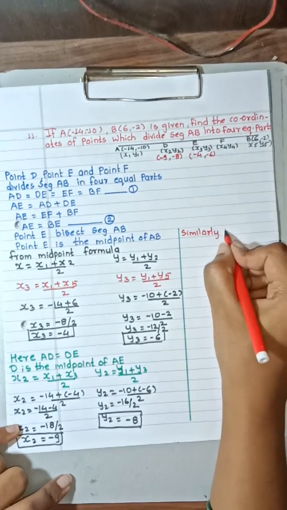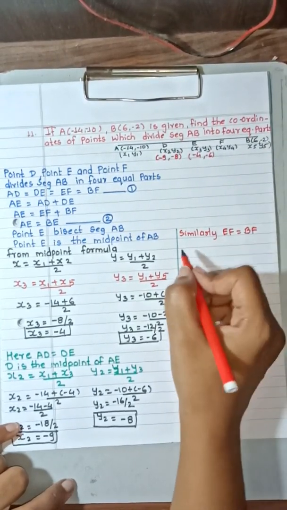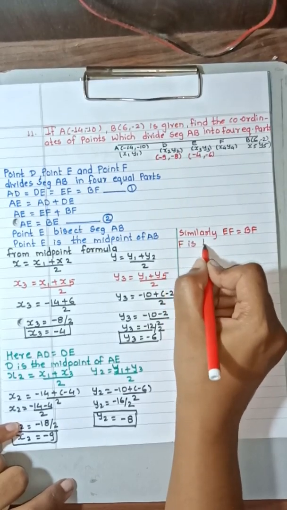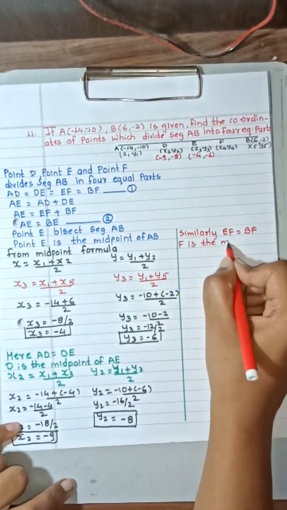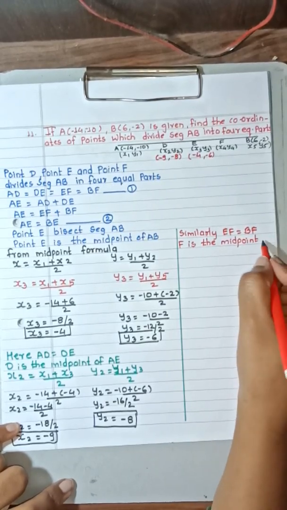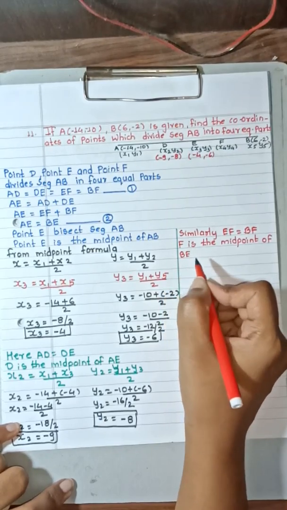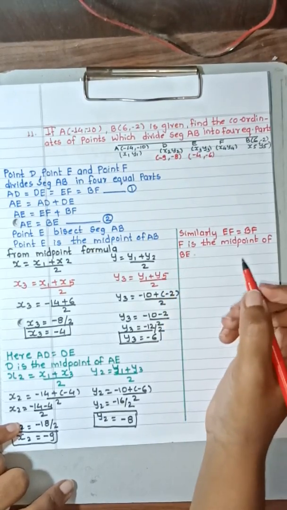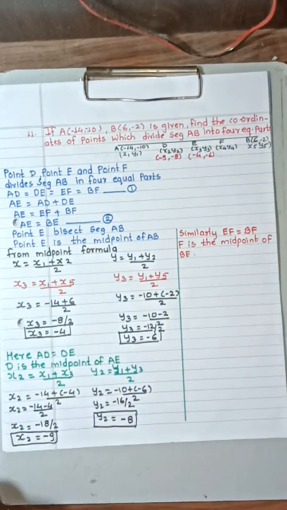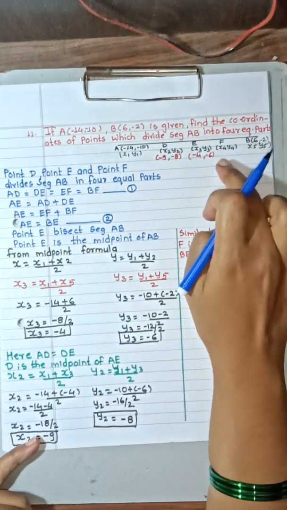So I'll write down here EF is equal to BF. Therefore F is the midpoint of BE. Therefore now we are going to write the midpoint formula for x4. Now we are going to find x4 and y4.